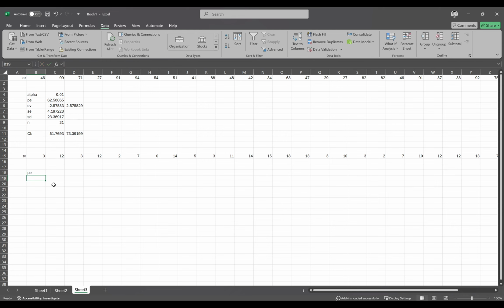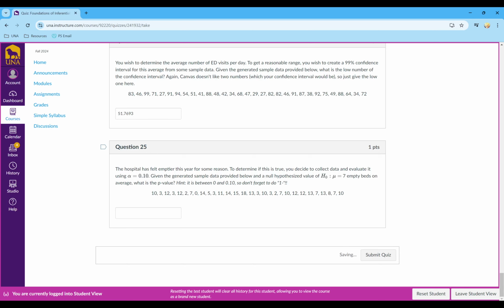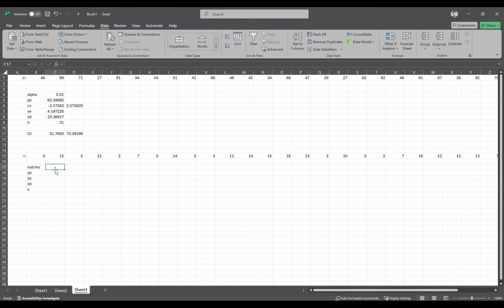To get the test statistic, I need the point estimate, and the test statistic, remember, is the point estimate minus the null mu divided by the standard error. Then I need the components to get the standard error: the standard deviation and the sample size. The null mu for this case is going to be 7 empty beds. So this is that context for the problem, but different data.